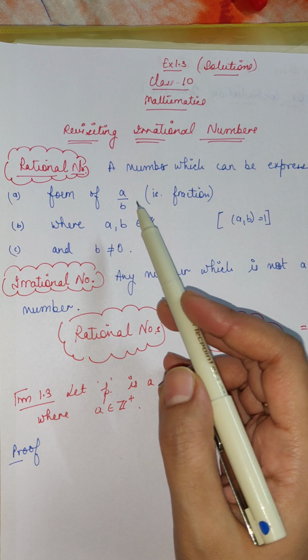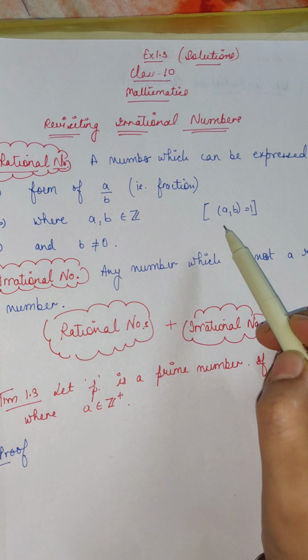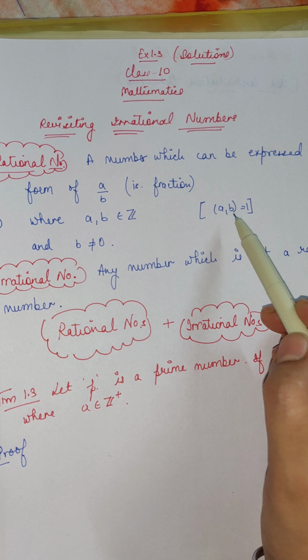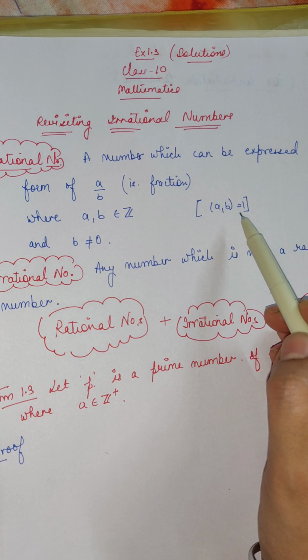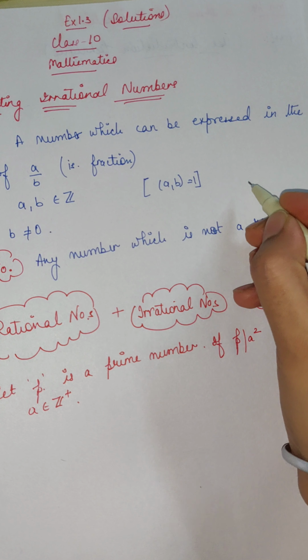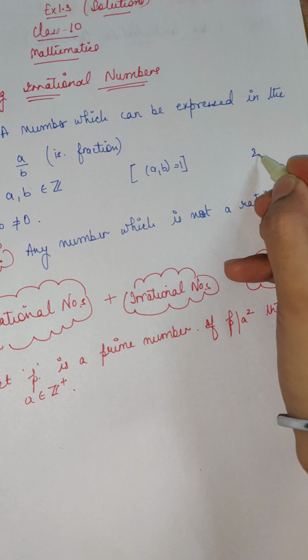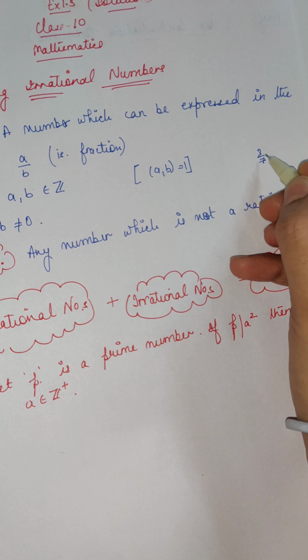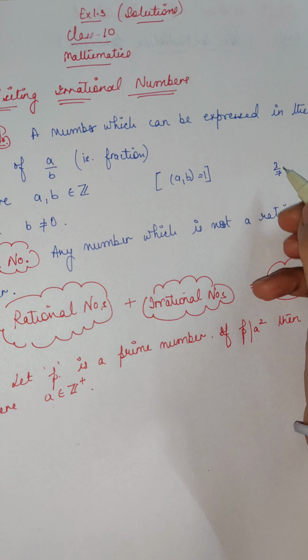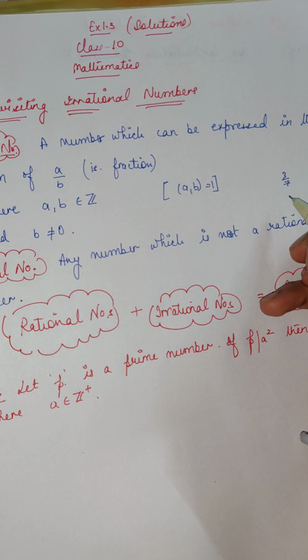In higher classes, you will get to know that this definition also contains another condition. This condition says that a and b do not have any common factor other than 1, right? Like if you take any number, say 3 by 7, 3 by 7 does not cancel out any factor. So 3 and 7 have no common factor other than 1.